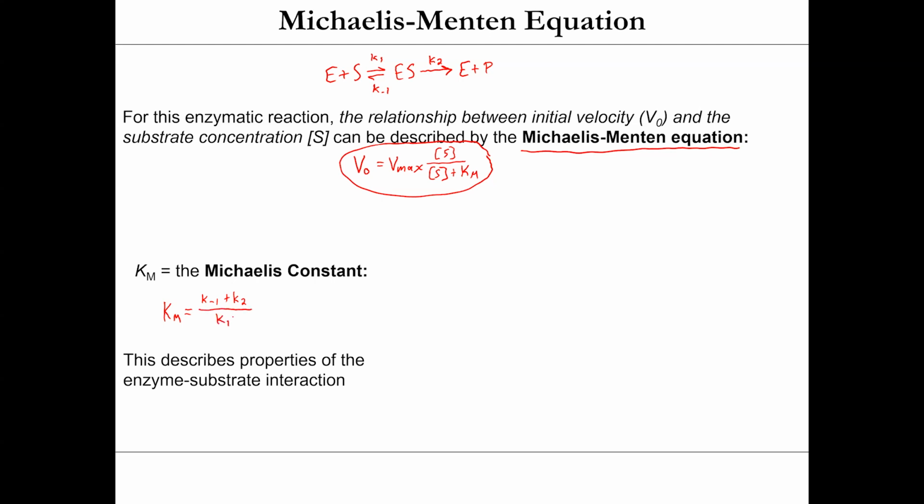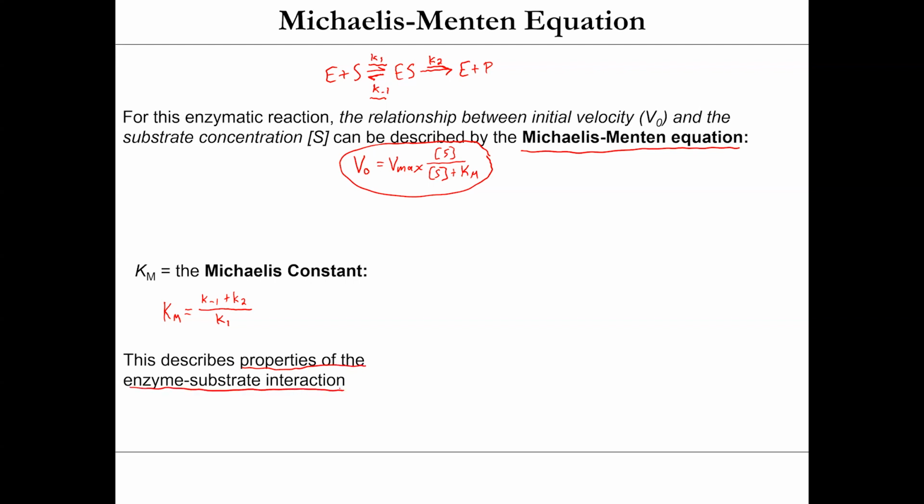So it's basically the conversion of enzyme substrate either back to enzyme plus substrate or forward to enzyme plus product, over the conversion of enzyme plus substrate into that enzyme substrate complex. Don't get too lost in the details here, but basically the Michaelis constant is describing the properties of the enzyme substrate interaction.